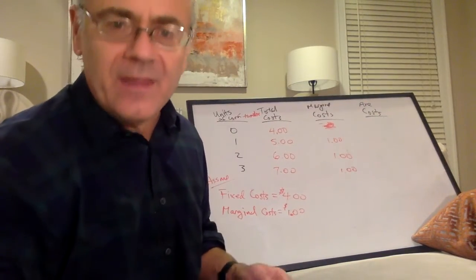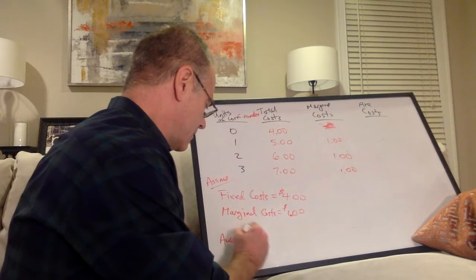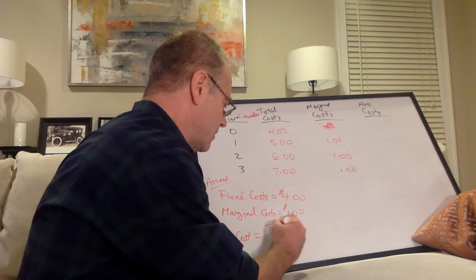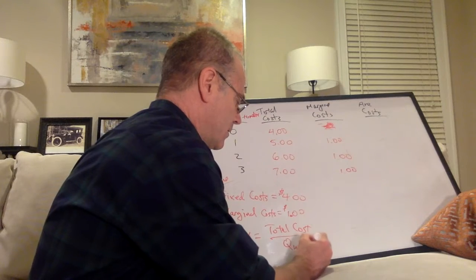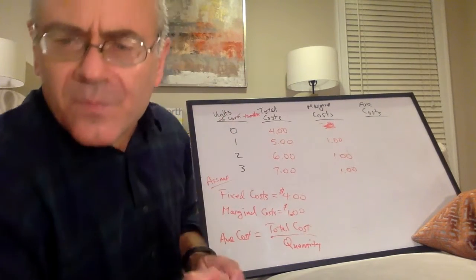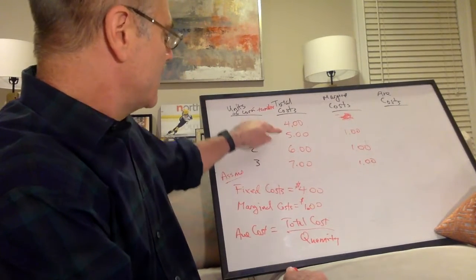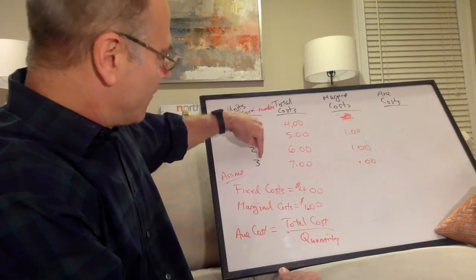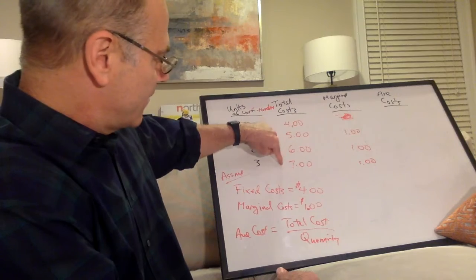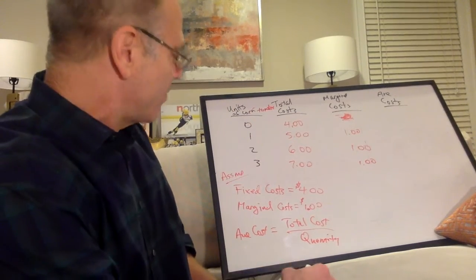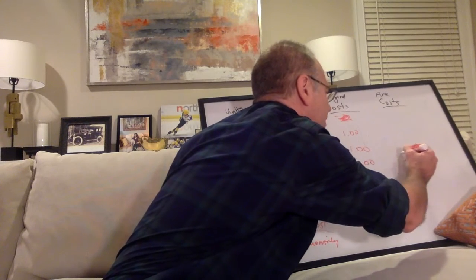What will be the average cost? Okay, so average cost, the formula just equals total cost divided by quantity. Okay, let's see that. So let's start here. When we produce 3 units of tomatoes, total cost is 7, quantity is 3, 7 divided by 3, I get $2.33.